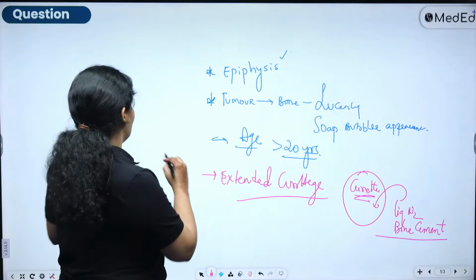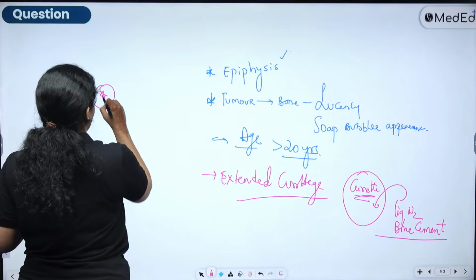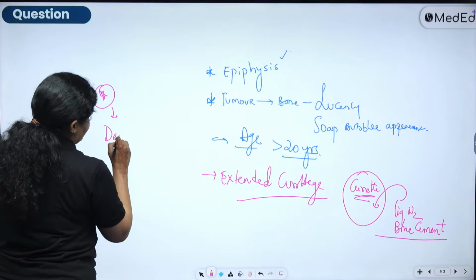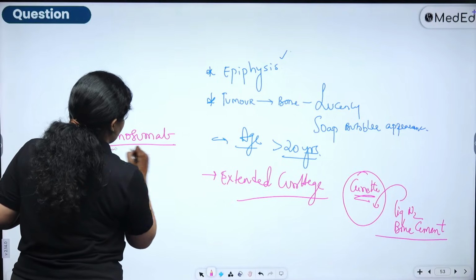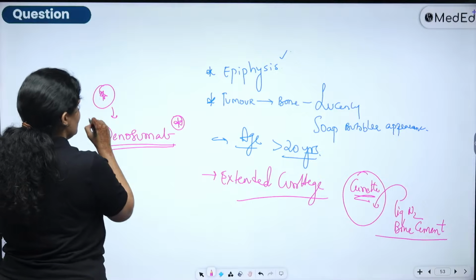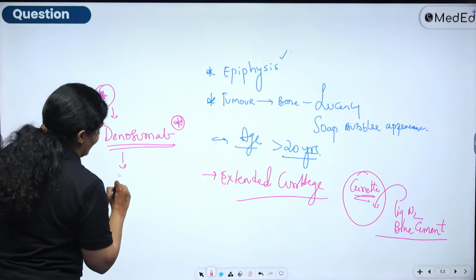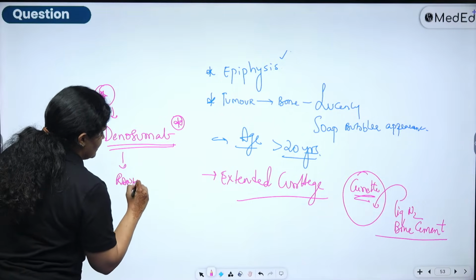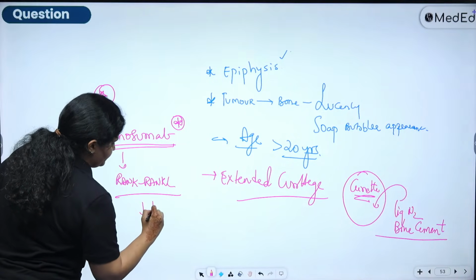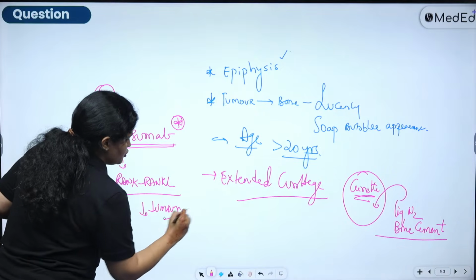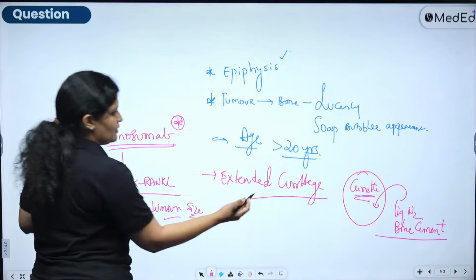And now recently the drug which is involved in treating this is denosumab. This is also something you have to remember. Denosumab is the drug which is being recently given to the patient of GCT so that it will mediate the RANK and RANKL pathway, right? And this will decrease the tumor size so that surgery will become easy.